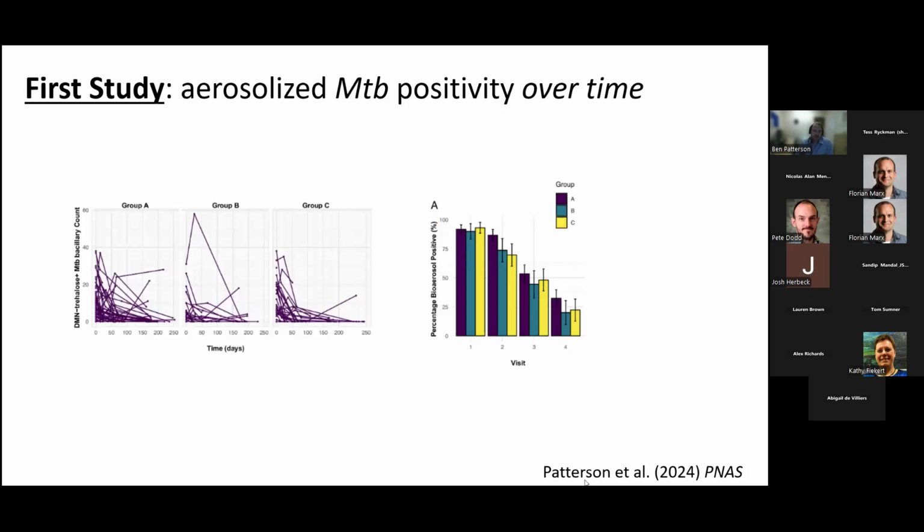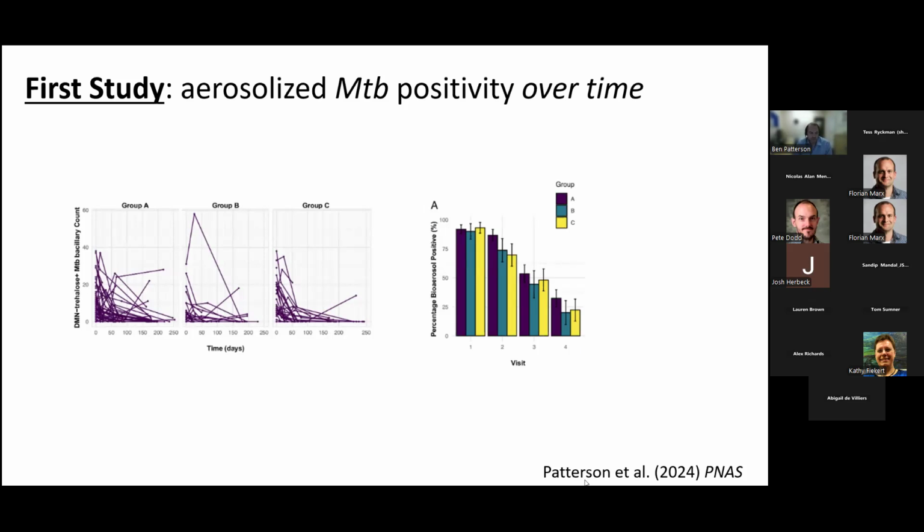So then the next part of this is looking at not just the first visit, but the subsequent visits. And quantitative counts on the left, you can see that in each of these three groups, there was a reduction over time. So again, this is really another unexpected finding that groups A and B are treated, but group C isn't.